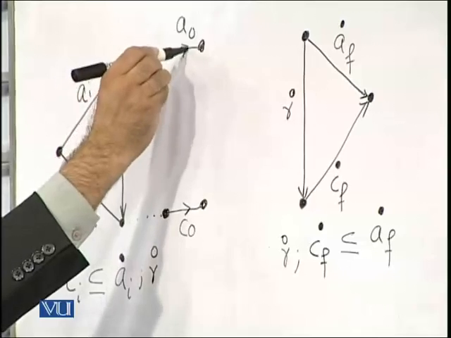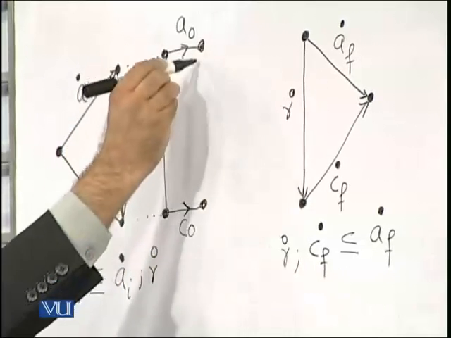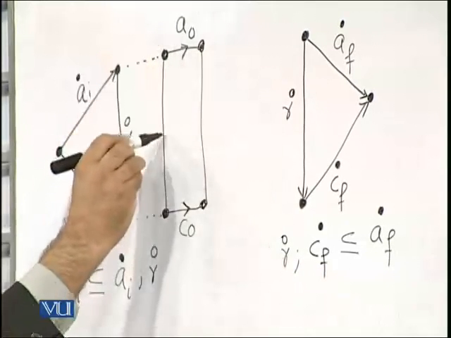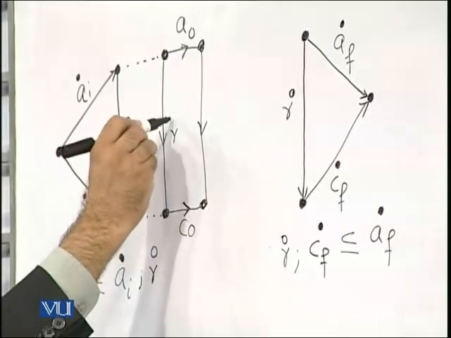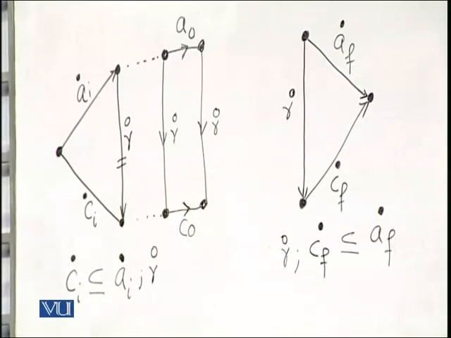So this is the direction of our operation. I want to find out the correspondence between A naught and C naught. Once again, I have this R naught here, that relation that maps A to C.